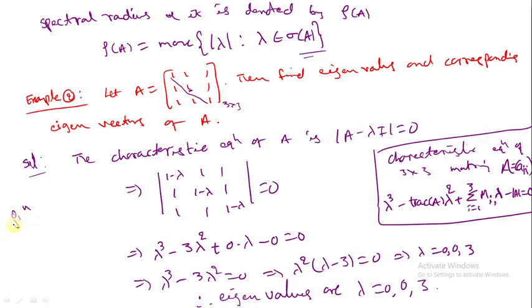That means 0 is repeated n minus 1 times, and another eigenvalue is n. For a 3 by 3 matrix, 0 and 3. For a 4 by 4 matrix, 0 and 4, with 0 repeating 3 times. One eigenvalue is the order of the matrix, and the remaining eigenvalues are zeros.